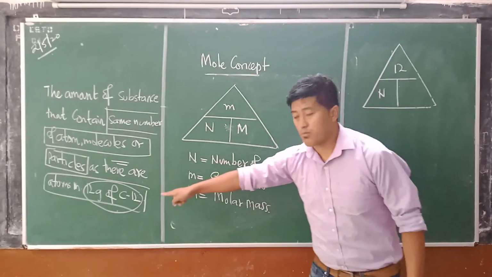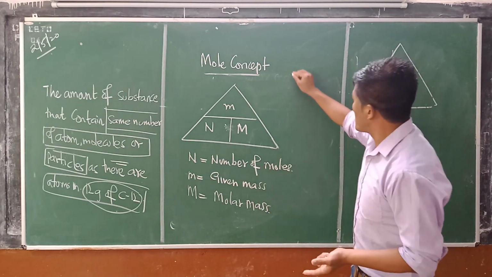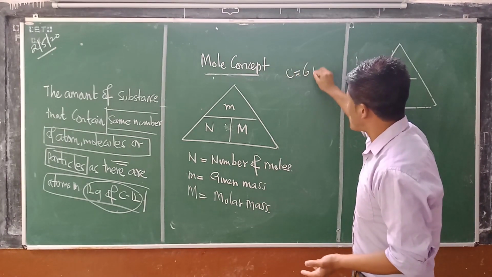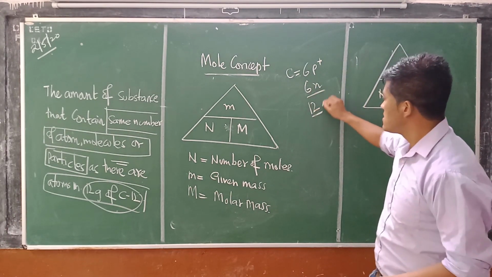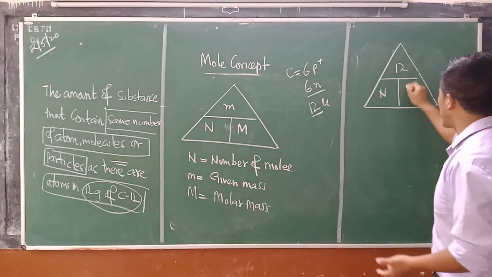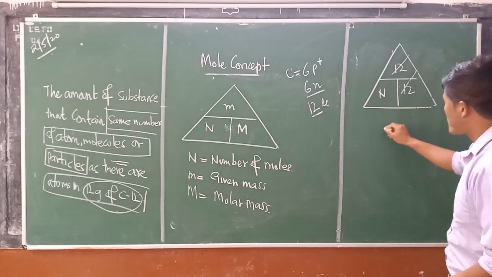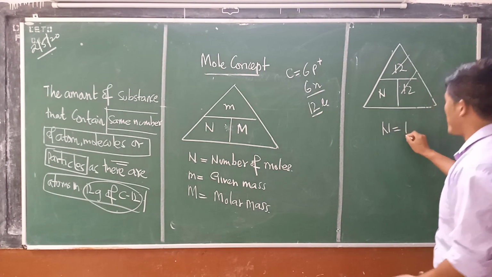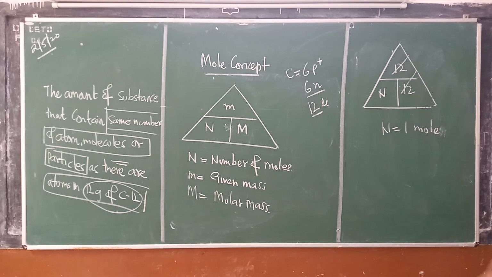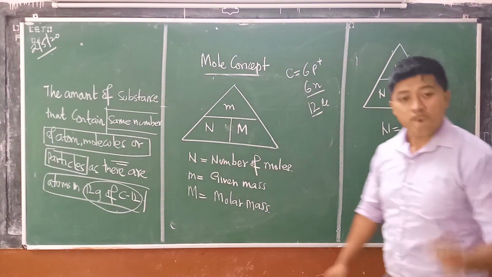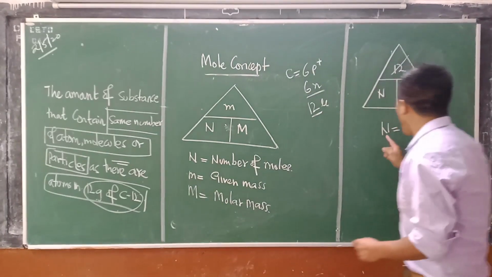What is the mass of carbon-12? Carbon has 6 protons plus 6 neutrons, that is 12, so we write 12 here. When you cancel this, n is equal to 1 mole. So whenever we use 12 grams of carbon-12, we get 1 mole.